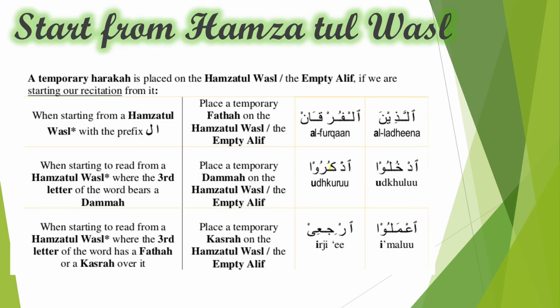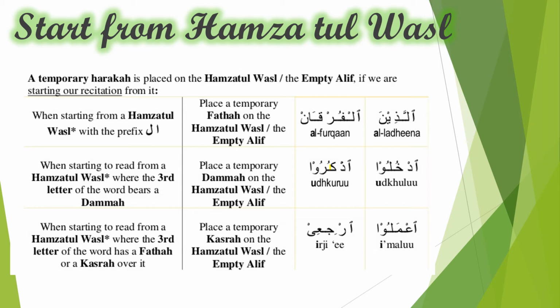So let's write these 3 conditions in written form. If I need to start from Hamzatul Wasl, then a temporary harakah is placed on that Hamza. And that temporary harakah is going to be a Fathah if my second letter is a Lam Sakin. Okay, so let's draw this in a nice way.